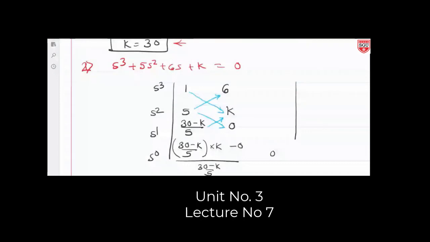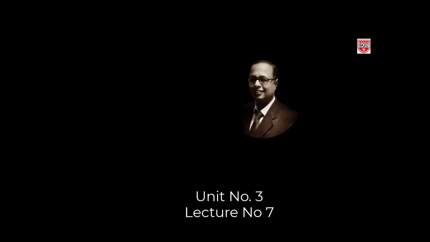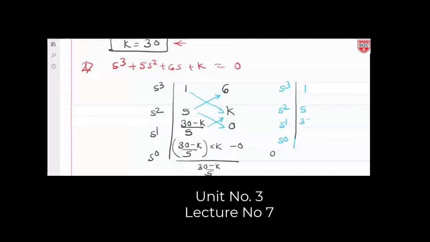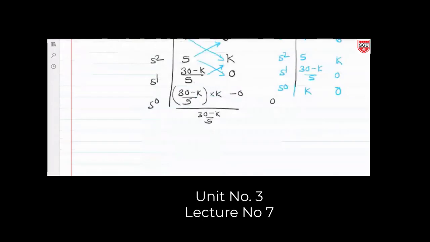If we simplify this, s cube, s square, s raised to 1, s raised to 0: 1, 5, 30 minus k upon 5, and 6, k, 0, 0. Now how are we finding the value of k?